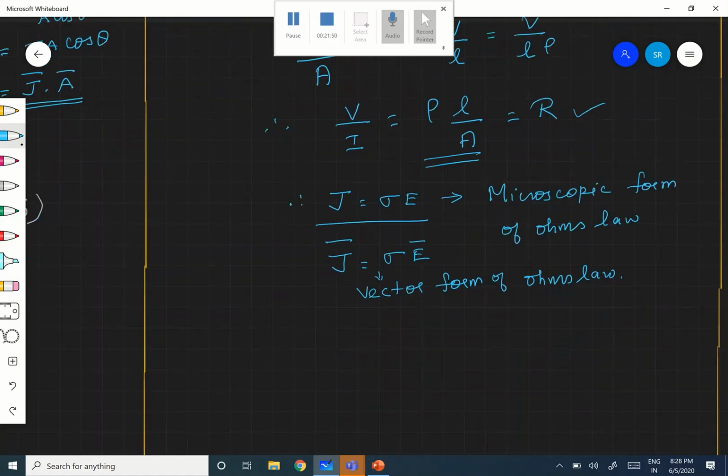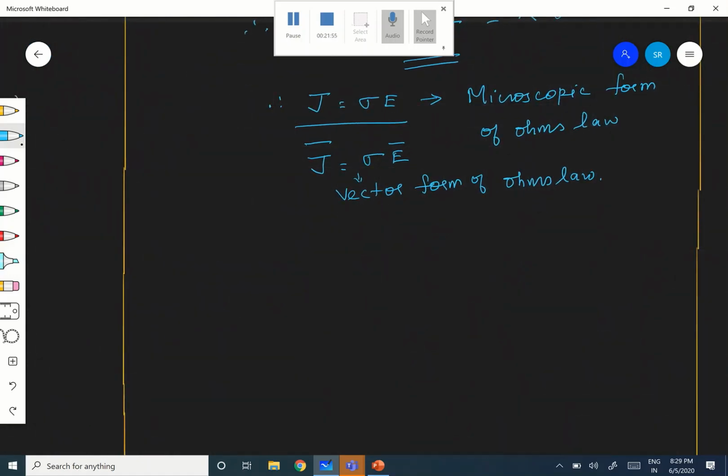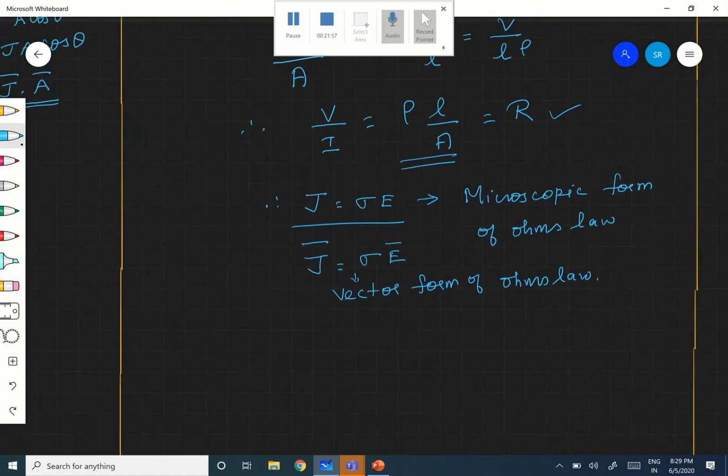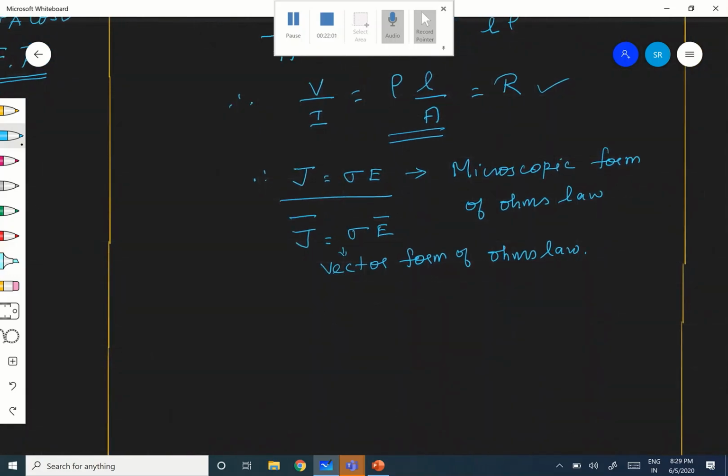Right. Next one. We have derived the relation between J, sigma and E. So one more relation we will see. These are all very common, children. This will come for 2 marks, 3 marks, and is very important even for numericals.